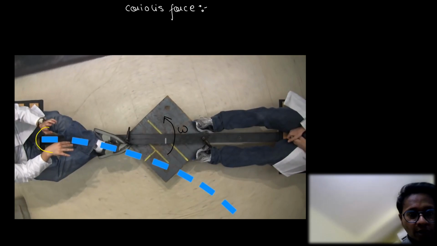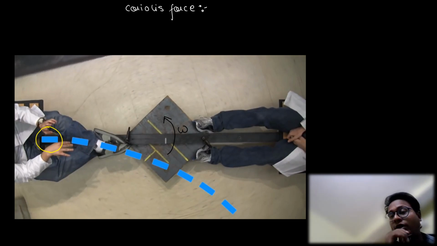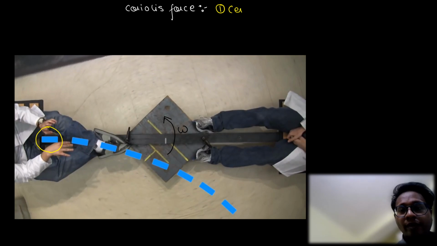Now observe out here. If I draw the ball out here, and the camera is rotating, the camera becomes a non-inertial frame, and every rotating non-inertial frame has two pseudo forces. The first one is the centrifugal force, and the second one is the Coriolis force.